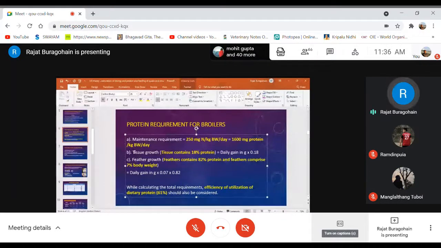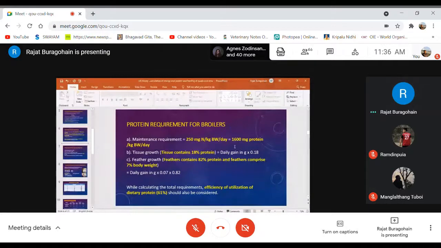Then feather growth, because feather contains 82% protein, and feathers comprise 7% of body weight. And tissue protein contains 18% protein. Here I have shown you, this is 18%, here also it is 18% protein. So depending on the daily gain in body weight, we can calculate the protein requirement.